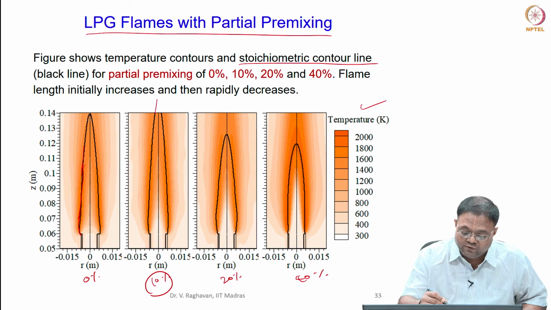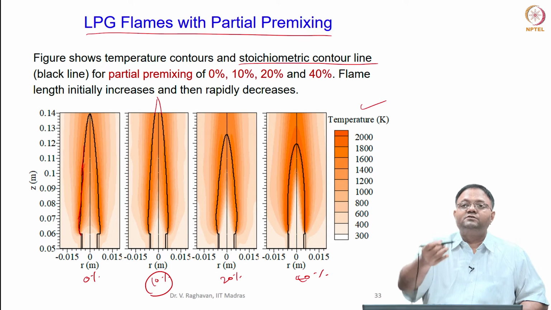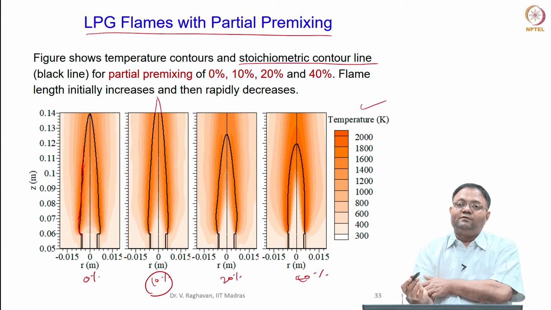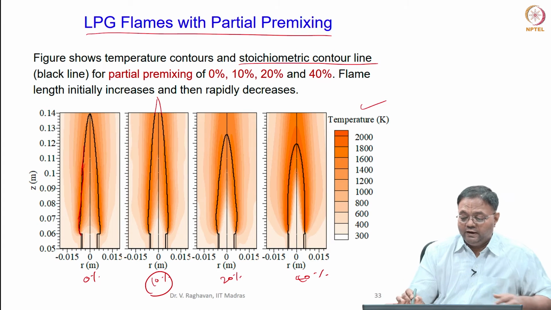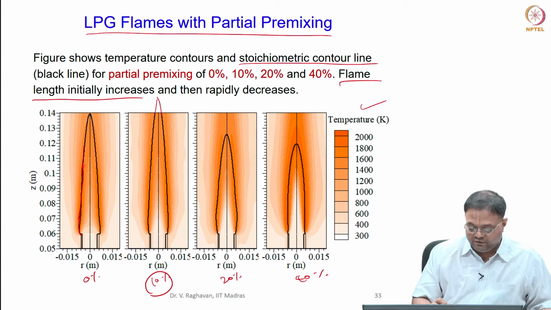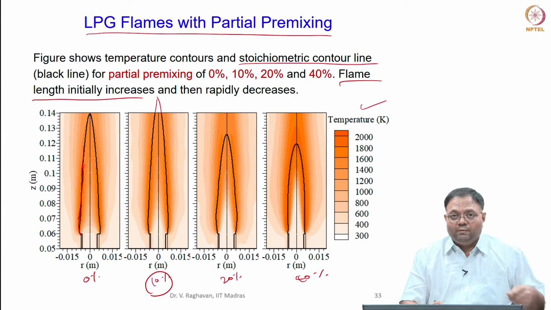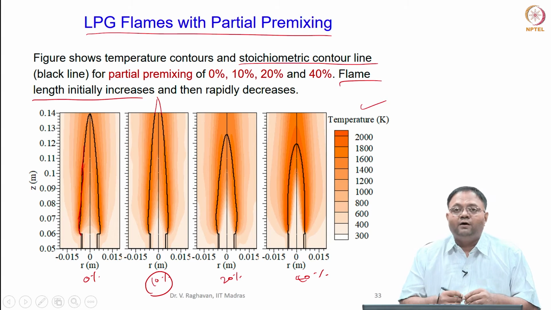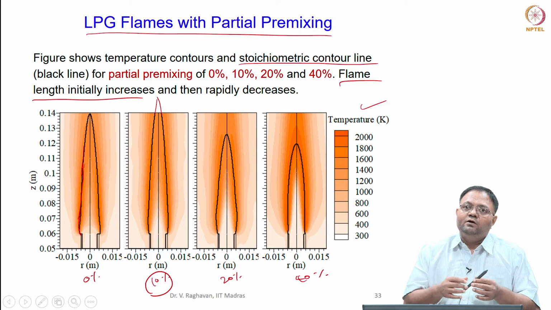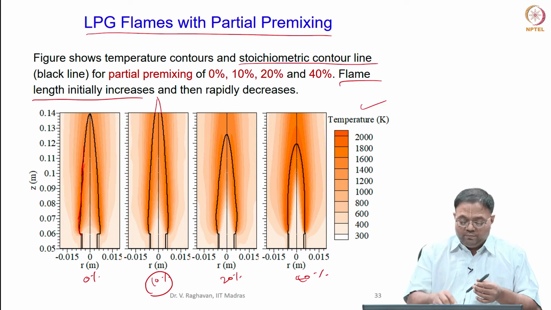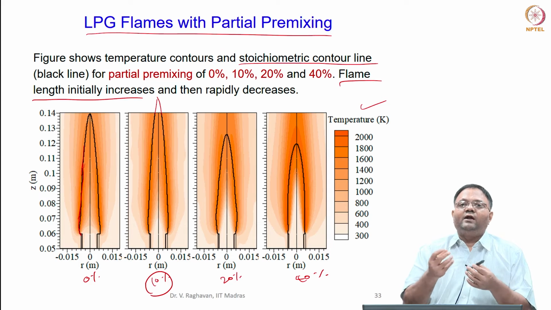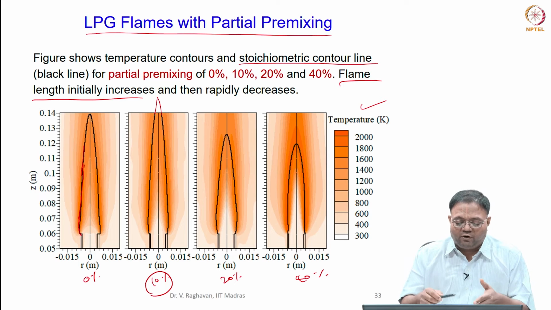You can see this flame closes at a larger distance. So, flame length increases. Initially with 10% primary air, the volumetric flow rate of the mixture increases, so it is not able to burn faster.